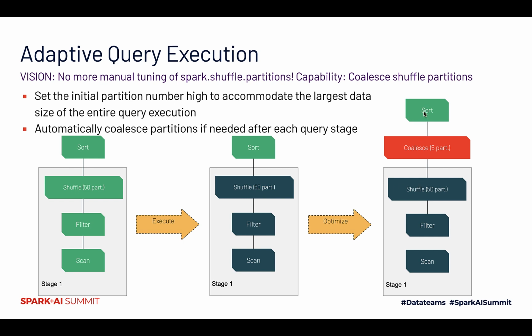And so rather than feeding 200 tasks into the downstream operation, Spark can dynamically insert a coalesce operation and decide to coalesce those 50 or 200 parts down to a more manageable number, such as 5 parts, before feeding into the sort stage of the process. This is going to give us much better throughput because Spark is able to dynamically look at the size of those files on disk and choose the optimal size of those partitions and coalesce them accordingly.